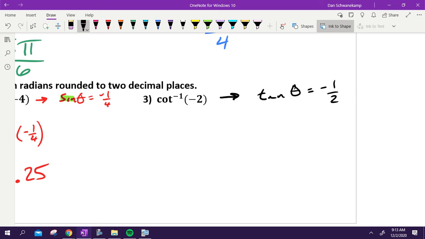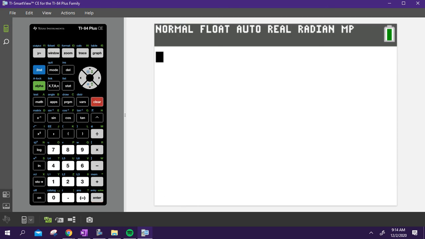So if I'm typing this into my calculator, I'm going to do theta equals the inverse tangent of -1/2. That's a little bit tougher than that, so don't get stuck here. Stay with me. Inverse tangent of -1/2.